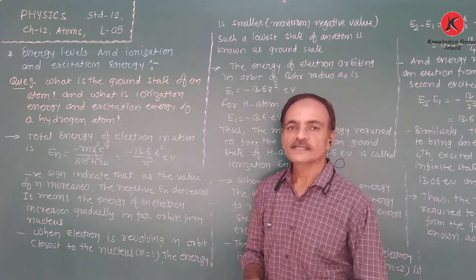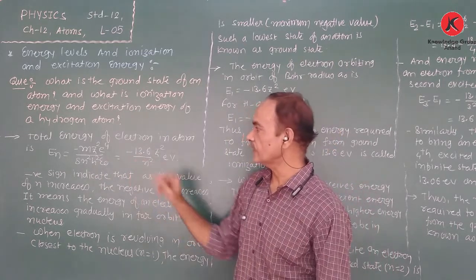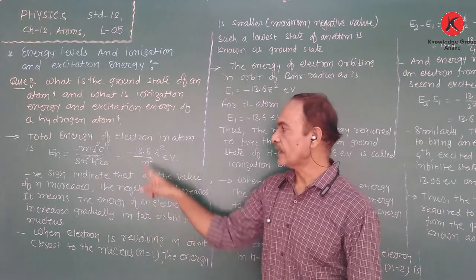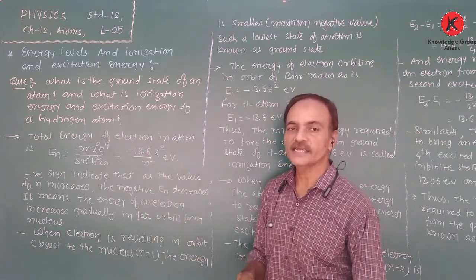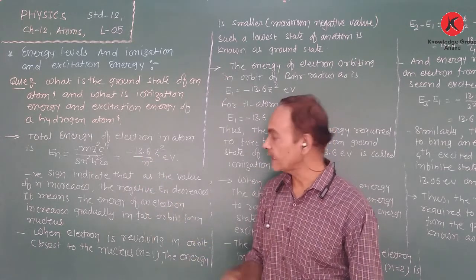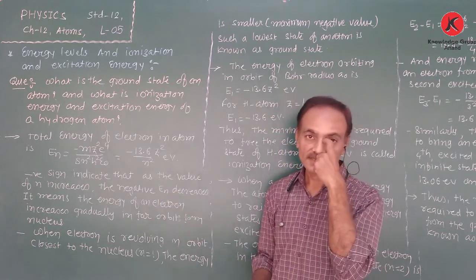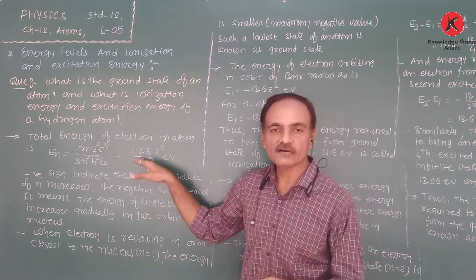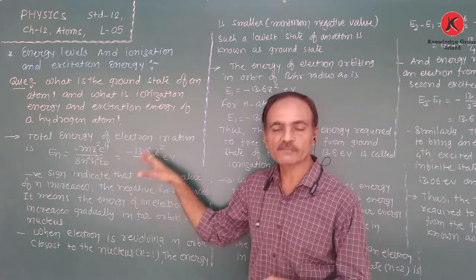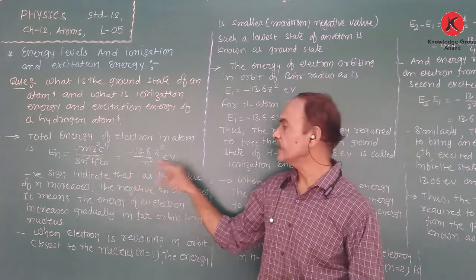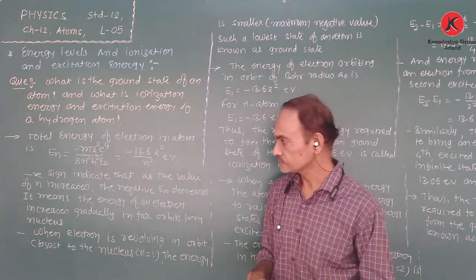We obtain the total energy of an electron in the nth orbit as minus 13.6 into Z square upon n square electron volt. That is the total energy of an electron in the nth orbit for any element, in electron volt.